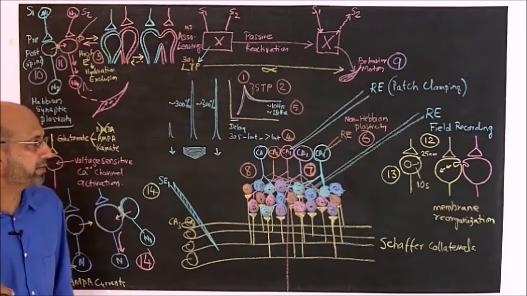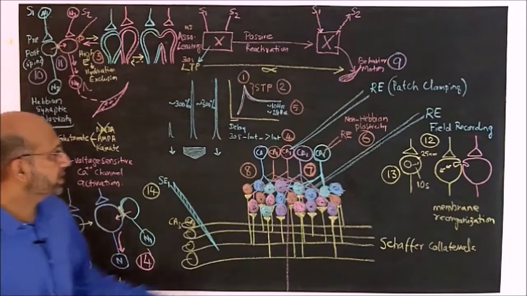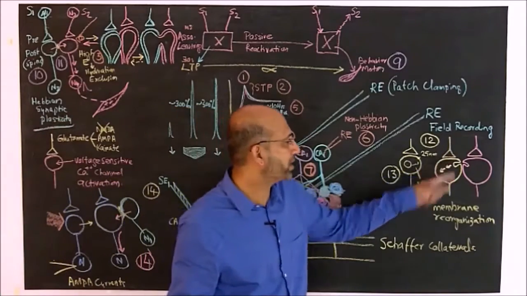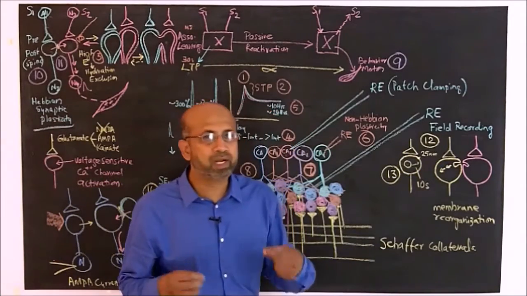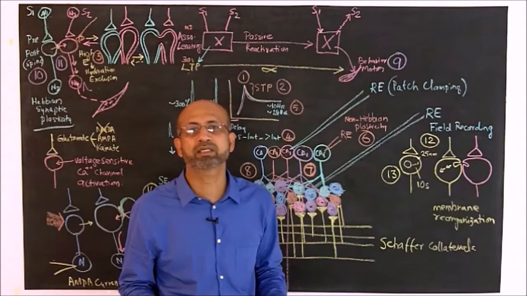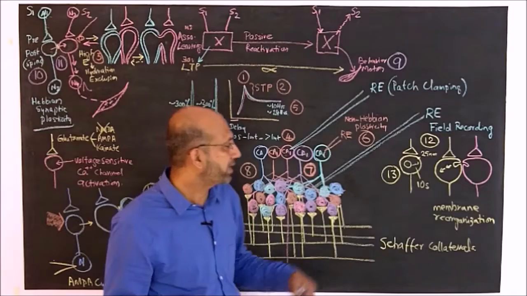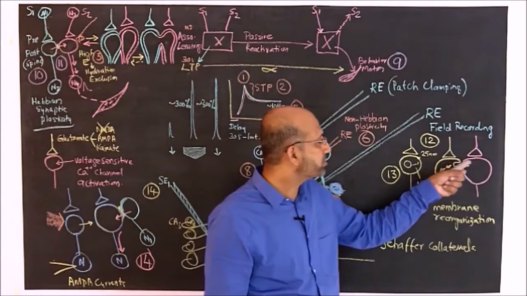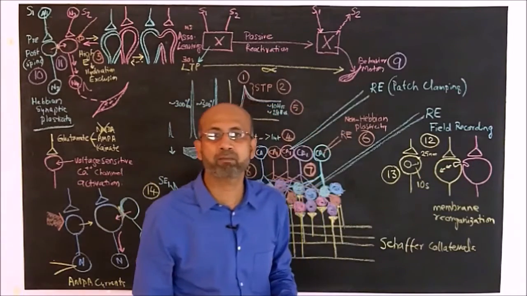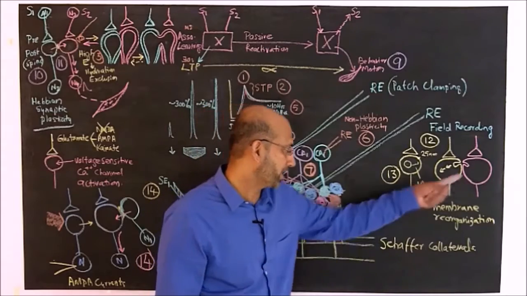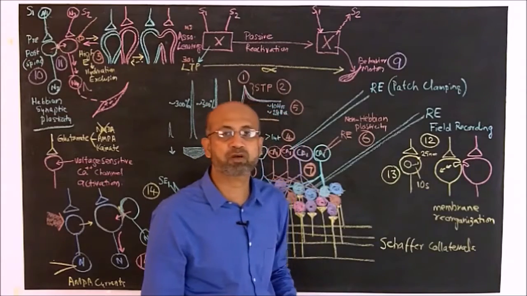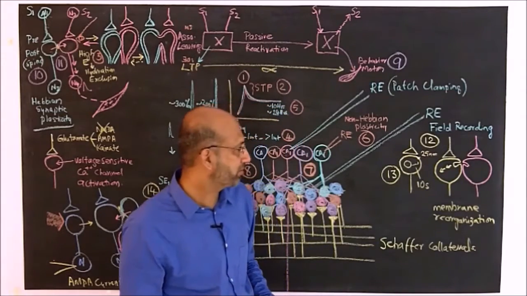There was a finding that certain synapses do not have AMPA receptors, since only AMPA receptors can conduct currents at resting membrane potentials. Since these synapses did not have AMPA receptors on the dendritic spines, those synapses were called silent synapses.